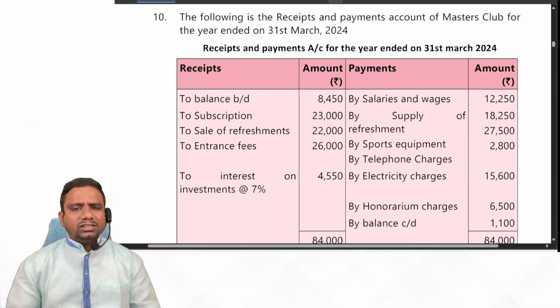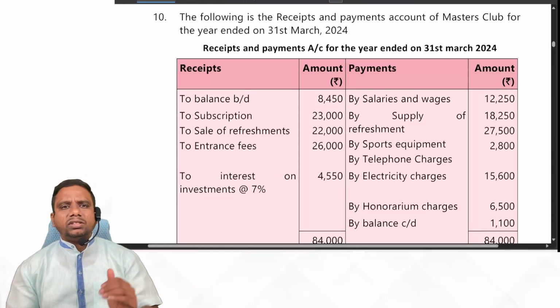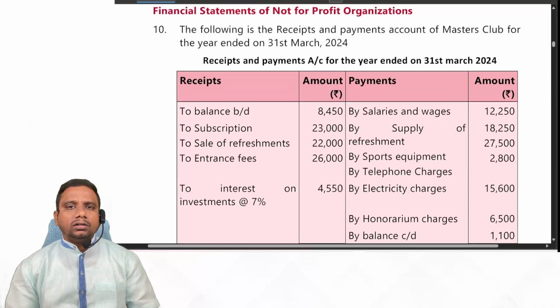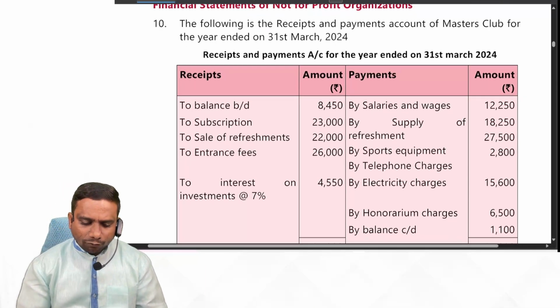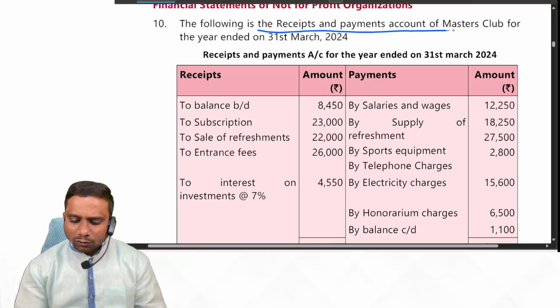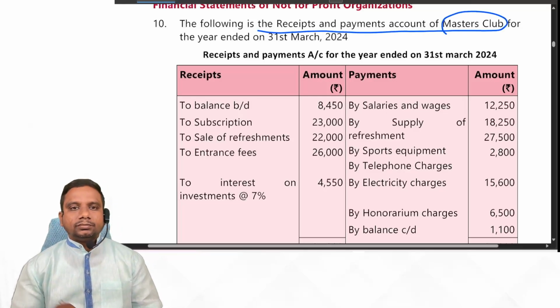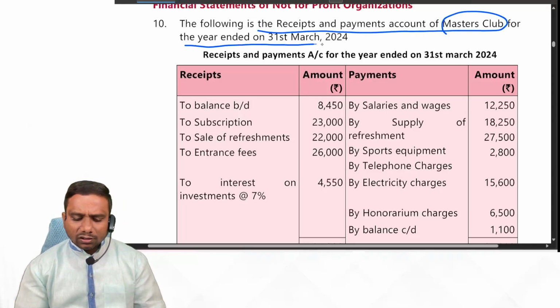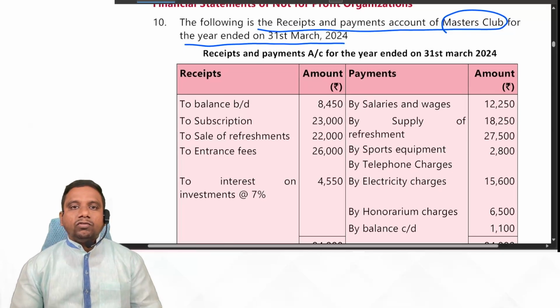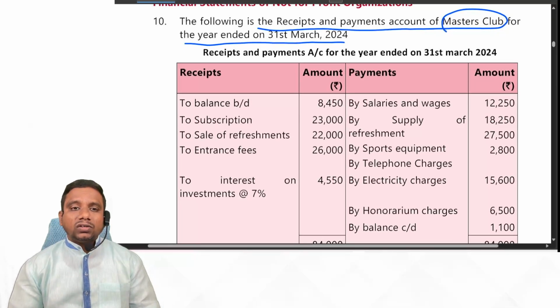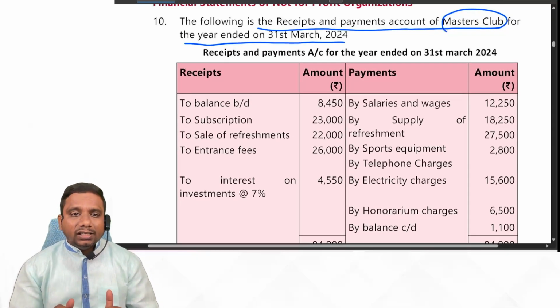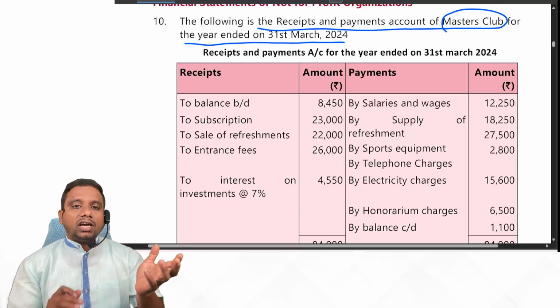Now look, this is the problem where they have given the receipts and payments account of Masters Club for the year ended 31st March 2000, and we have to prepare the income and expenditure account and balance sheet. When you are solving NPO problems, try to identify what is the current year, what is the previous year and what is the next year.